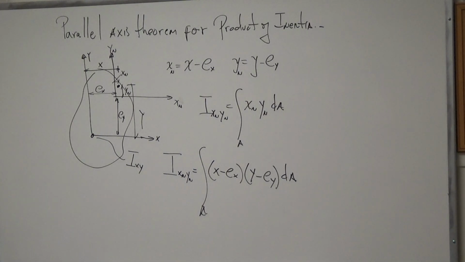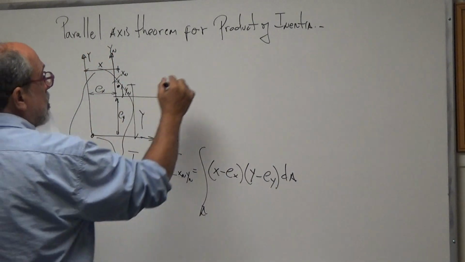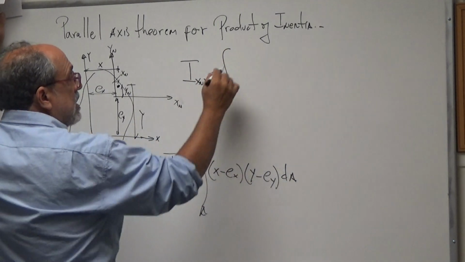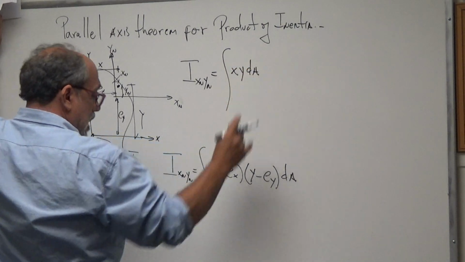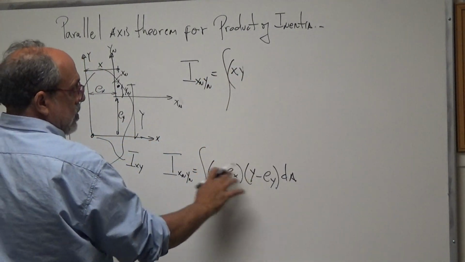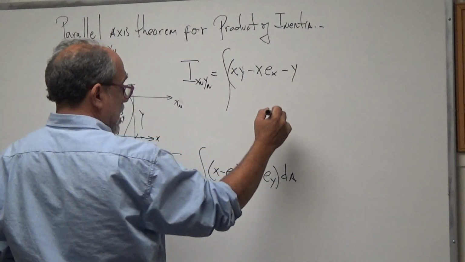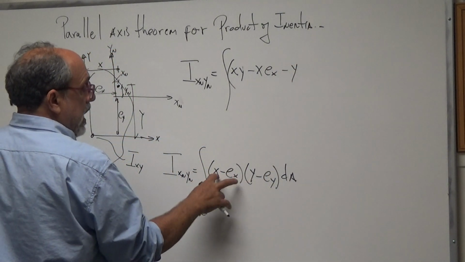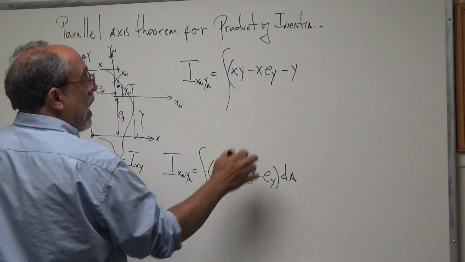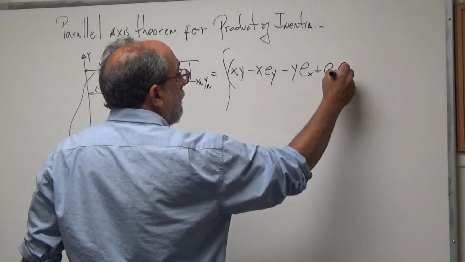And doing the products in there, you find that Ix nu y nu is equal to the integral of xy minus x ey minus ex y, and then plus ex ey, right? dA.